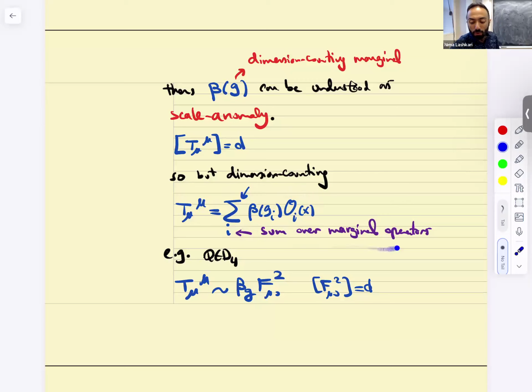This has to be a sum over marginal operators. So what it tells you is that under the renormalization group, if you have a marginal deformation, operators of dimension D will mix, but they won't mix with operators of different dimensions.